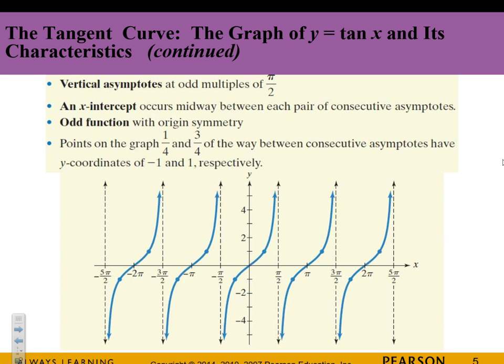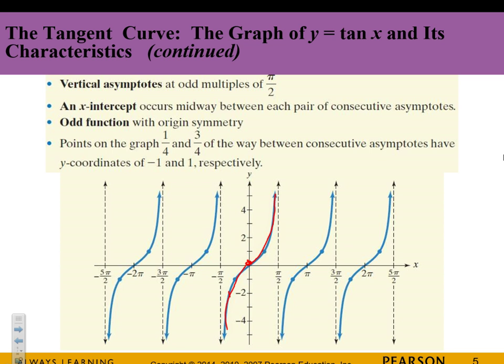Only if they're parent functions. I can change this. It doesn't have origin symmetry. Yeah, it does. Origin symmetry. This piece, if you flip it twice, it becomes that. Yeah, ignore all the others.